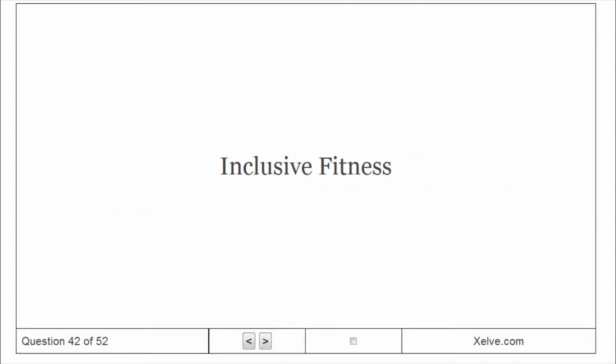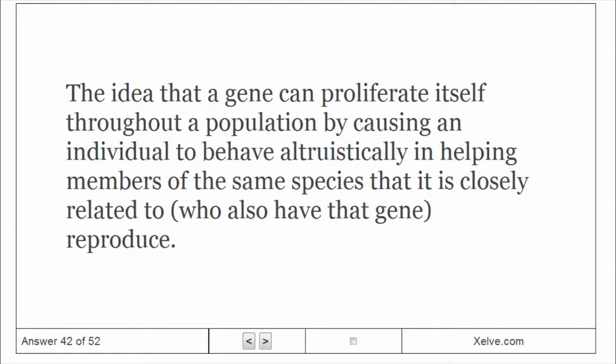Inclusive fitness: the idea that a gene can proliferate itself throughout a population by causing an individual to behave altruistically in helping members of the same species that it is closely related to, who also have that gene, reproduce.